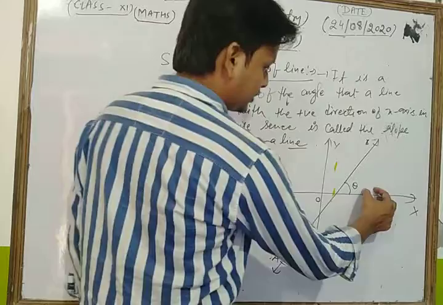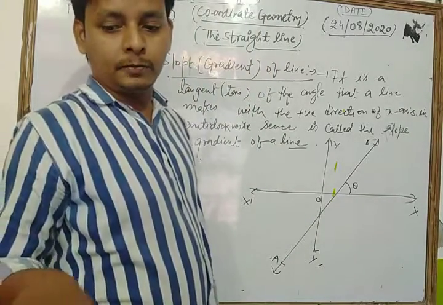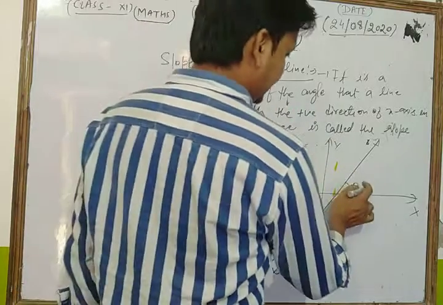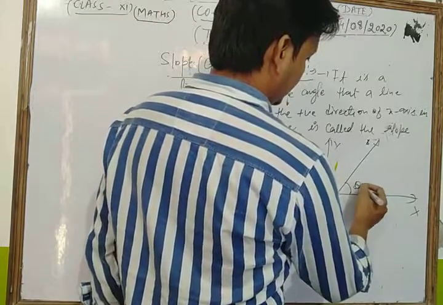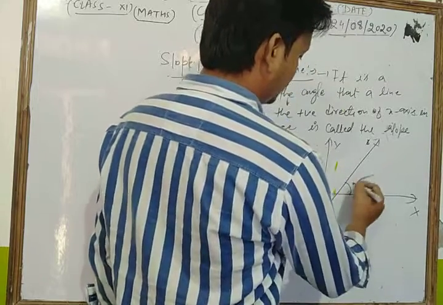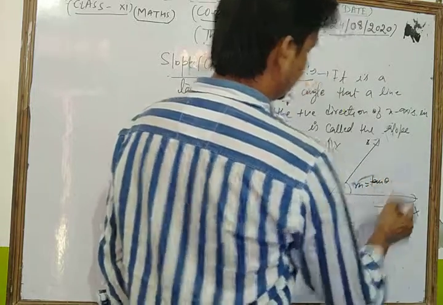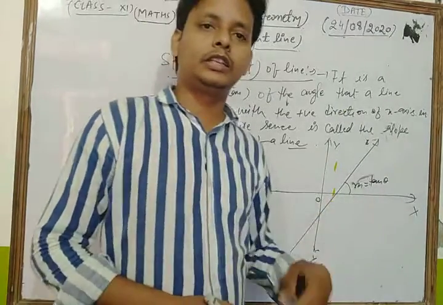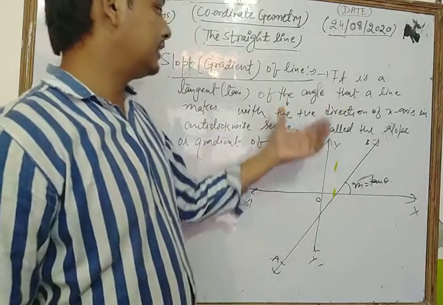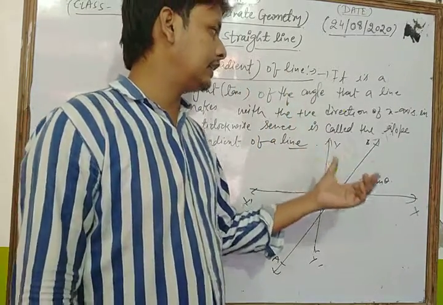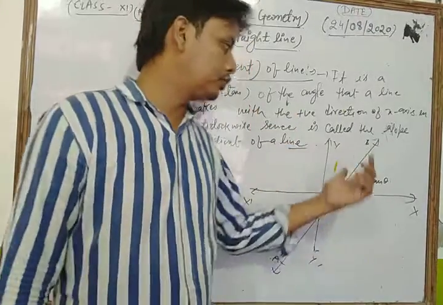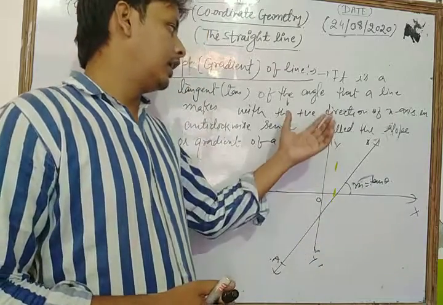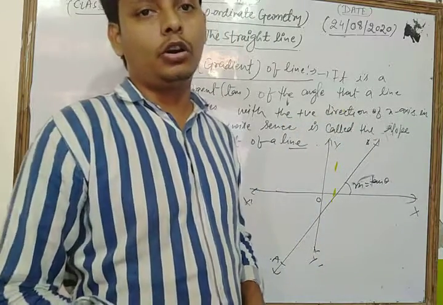Then the tangent of that angle is the slope, and this is equal to tan theta. If theta is 45 or 30, as given in our question, then the slope of a line is the tangent of the angle that a line makes with the positive direction of the x-axis in the anti-clockwise sense.